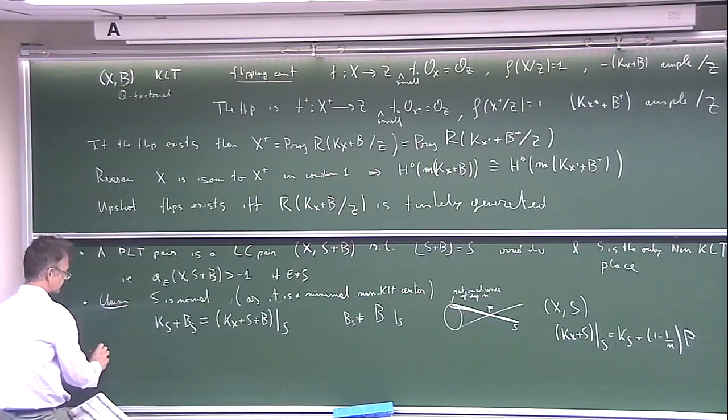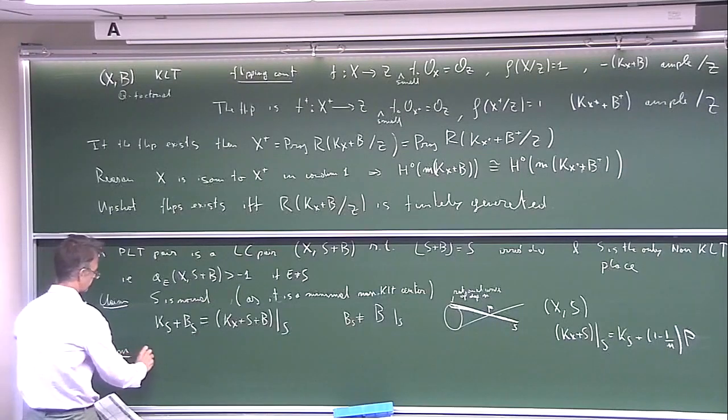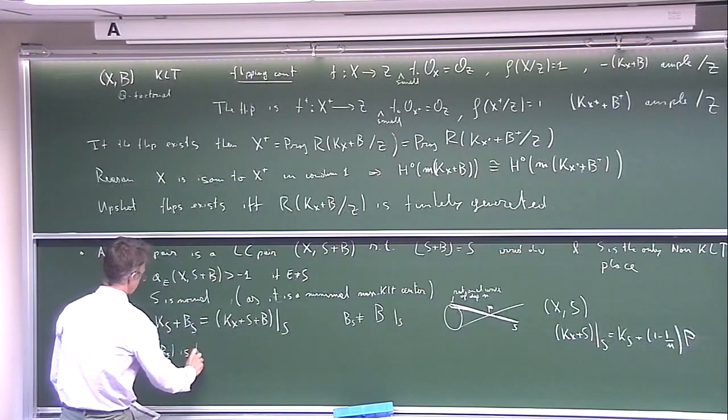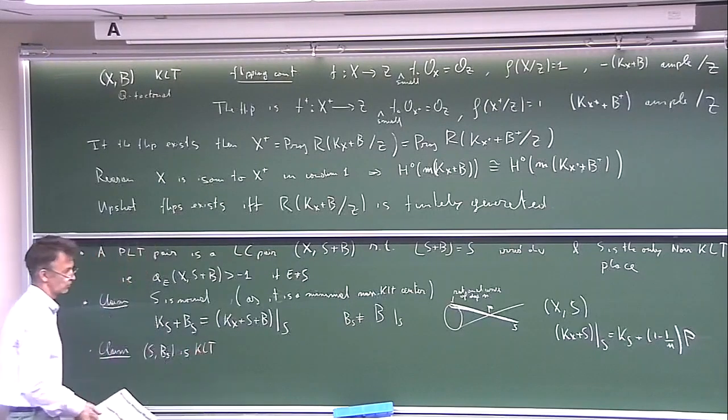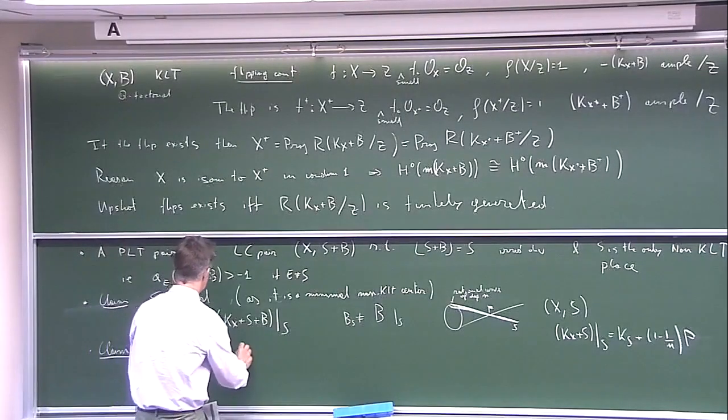So here's another claim. This one is easy to see, that the pair (S, B_S) is KLT. Now, since it's easy to see, why not prove it? So let me attempt to prove it. Proof.